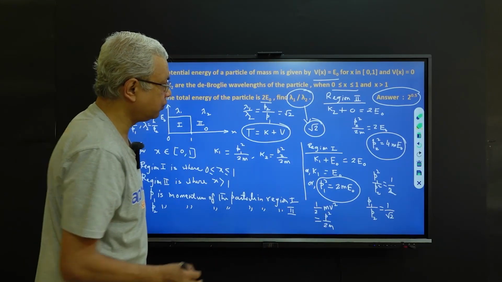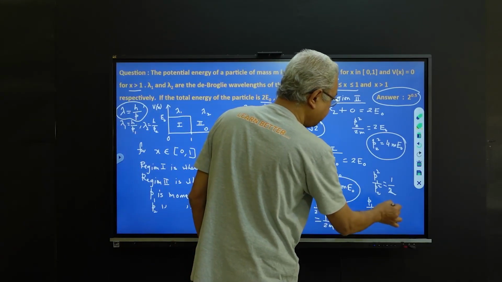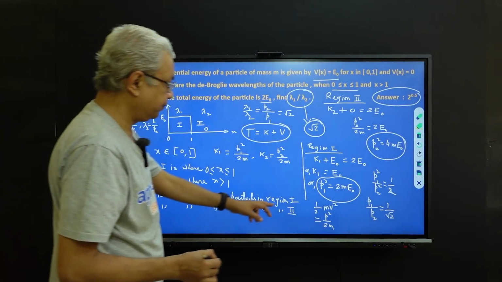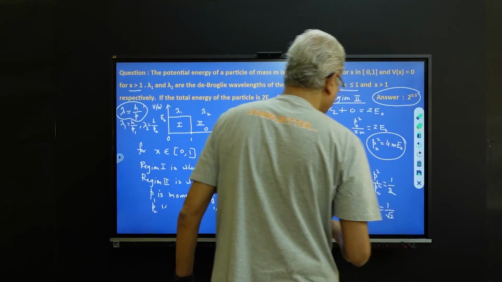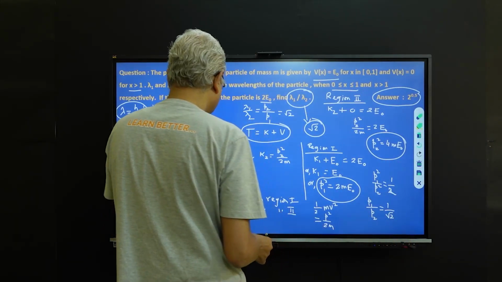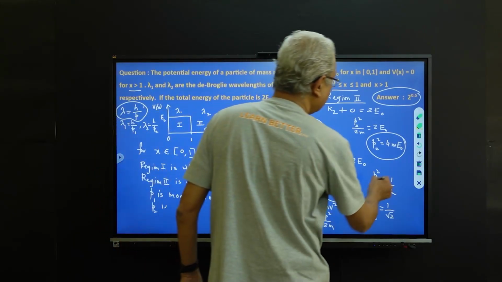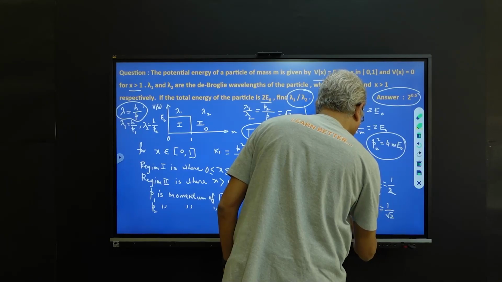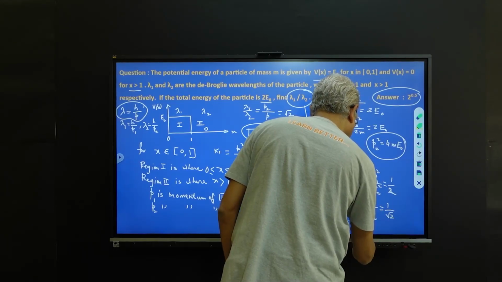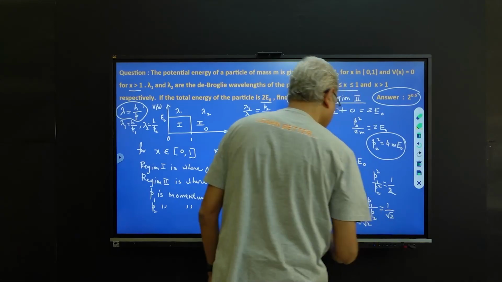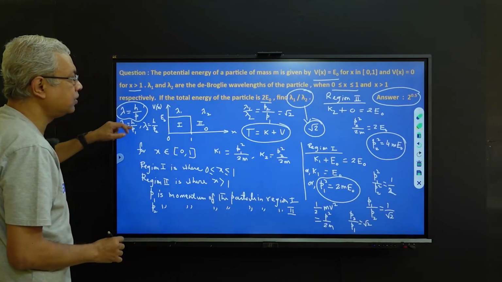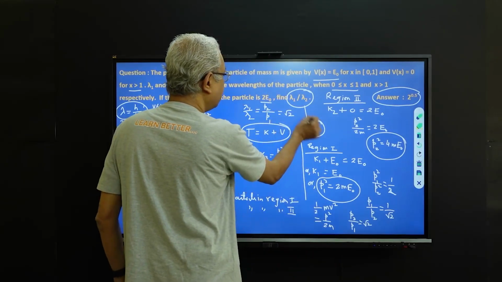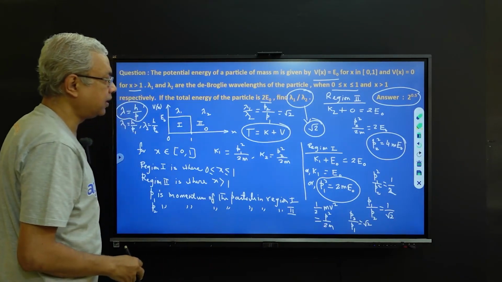So from this we found the values of P1 square and P2 square. And then taking the ratio, P2 by P1 is root 2 by root 1, which is root 2, and we found that lambda 1 by lambda 2 is P2 by P1, which is root 2. So from this you could find the value of lambda 1 by lambda 2.